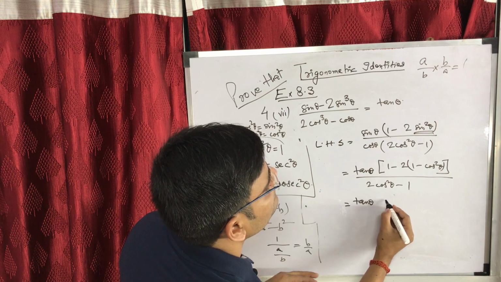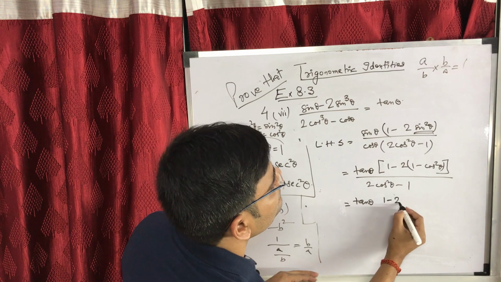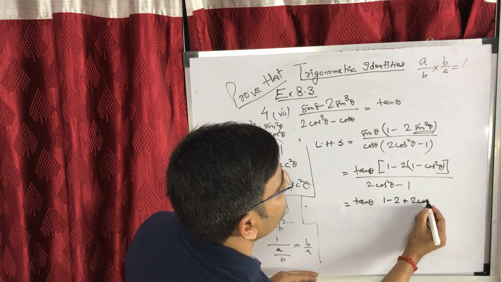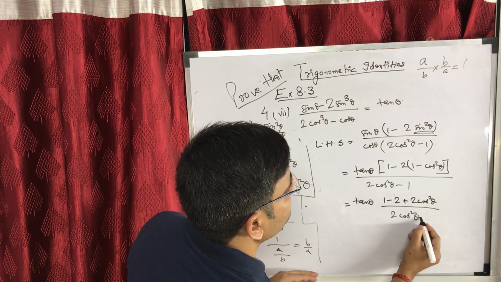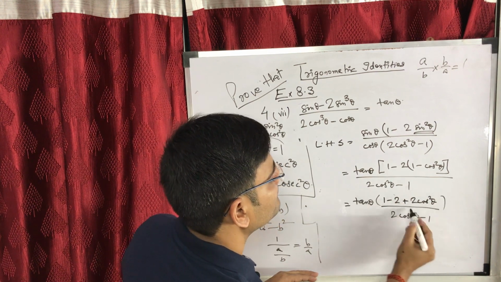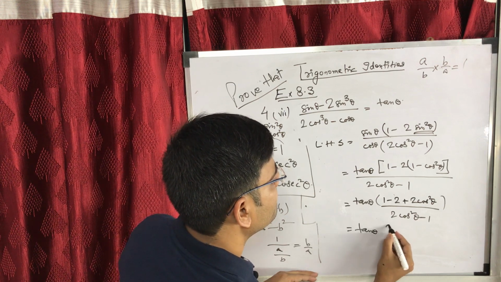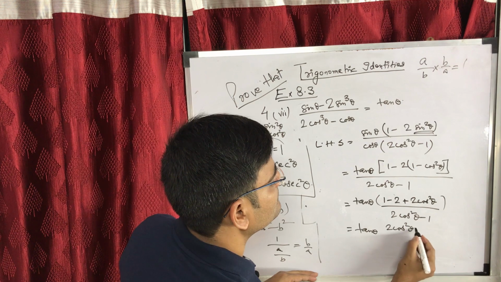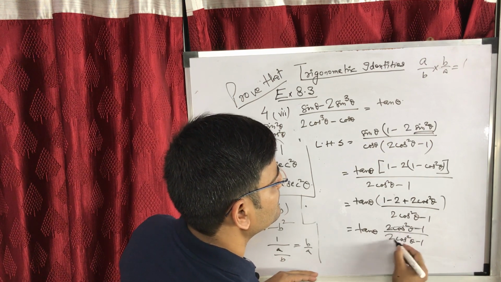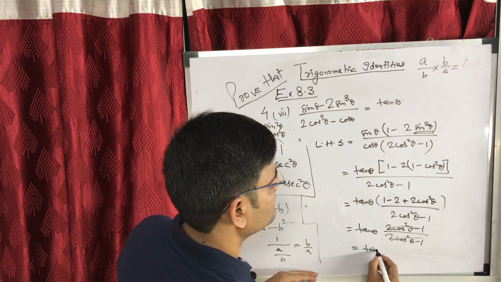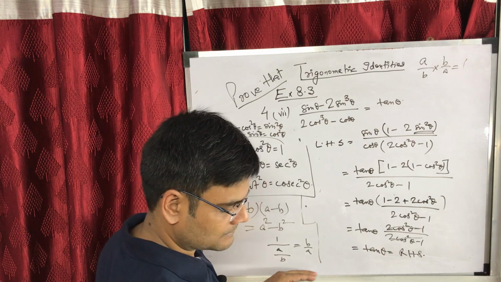So this becomes 1 minus 2 cos square theta, so this becomes 1 minus 2 plus 2 cos square theta. This is 2 cos square theta minus 1. 2 cos square theta minus 1, 2 cos square theta minus 1, they cancel each other, equals tan theta equals RHS.